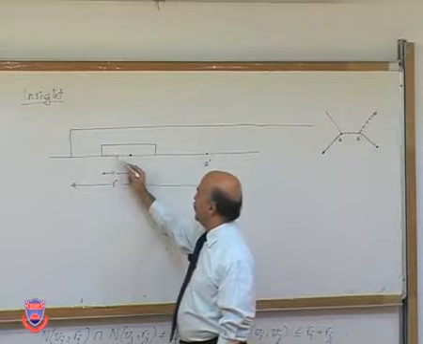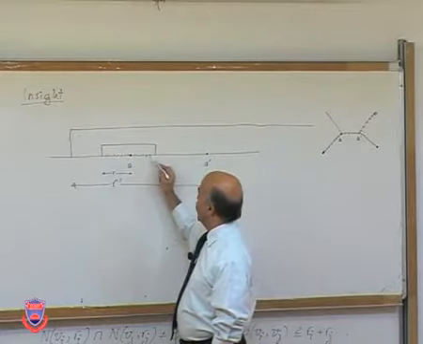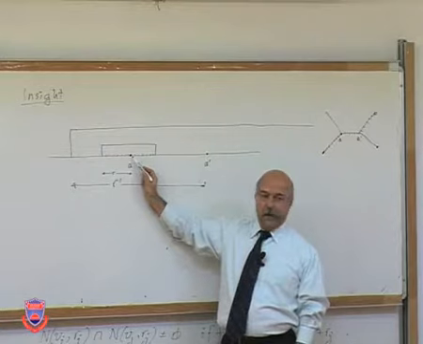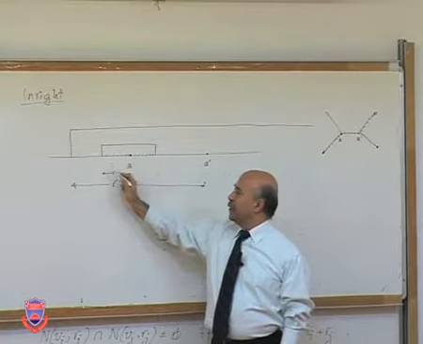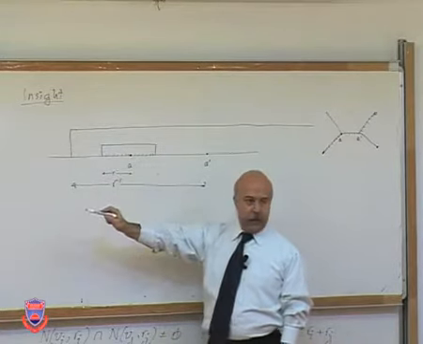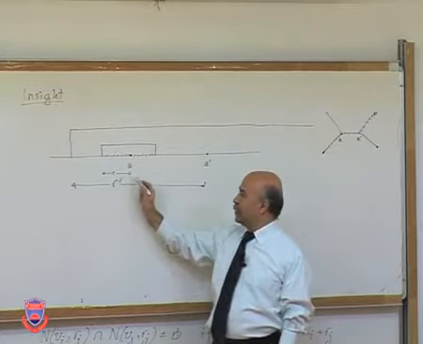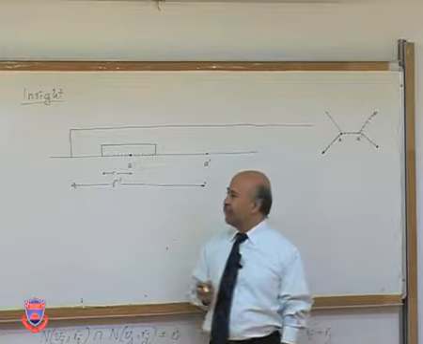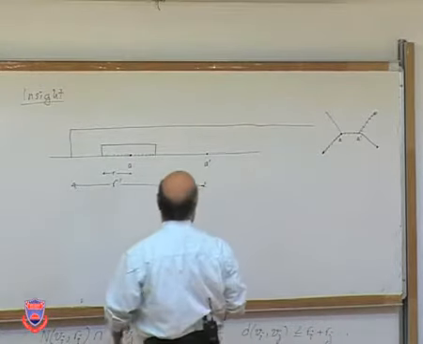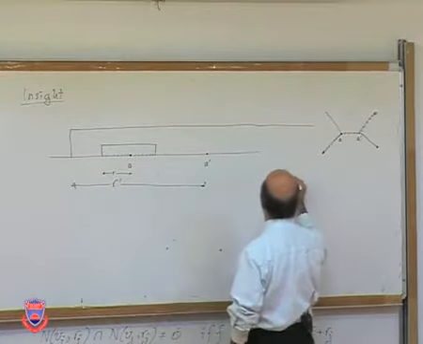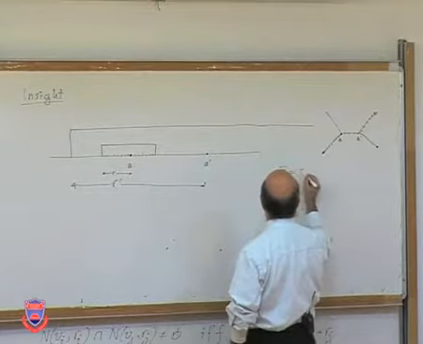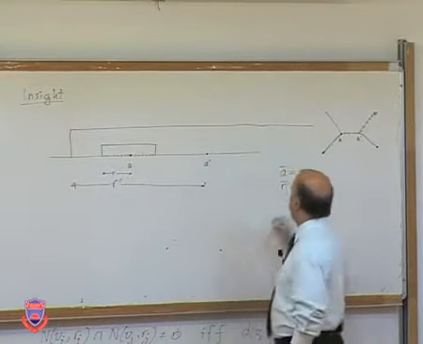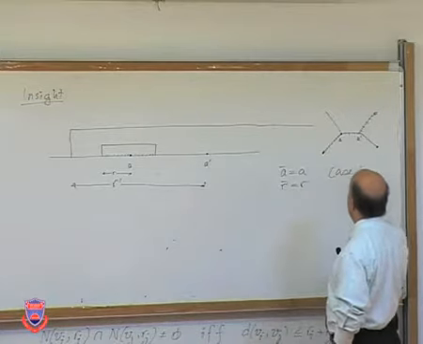So in that case, you want your A bar to be A itself, and you want your R bar, the output, to be R itself. That's one possibility. Okay? So, in this case, you want A bar equals A, R bar equals R. That's, let's call it case 1. Okay?